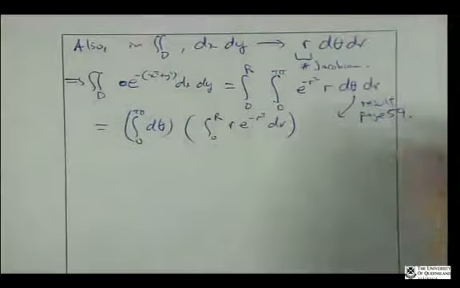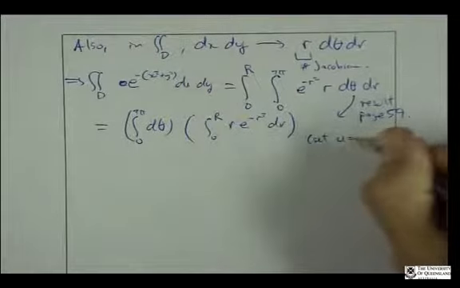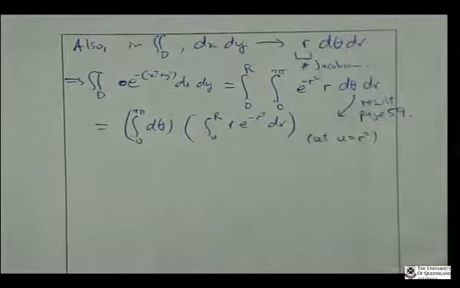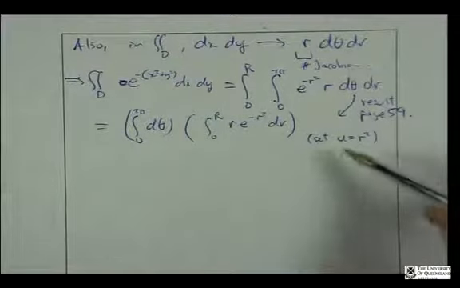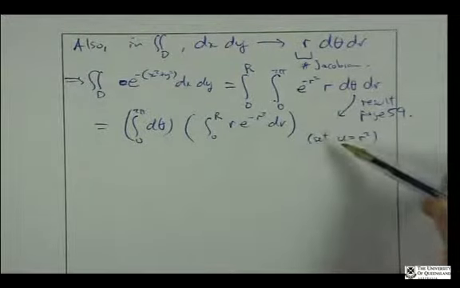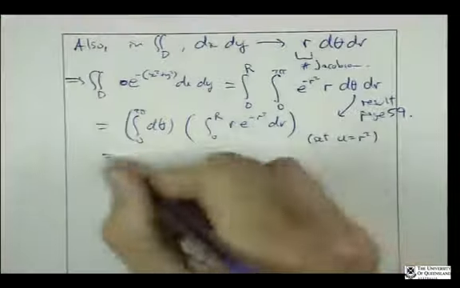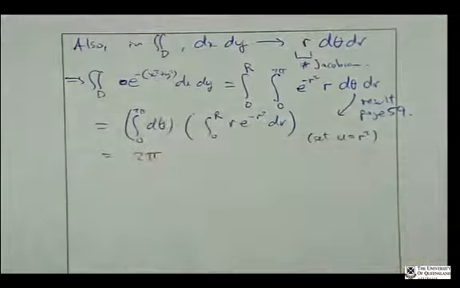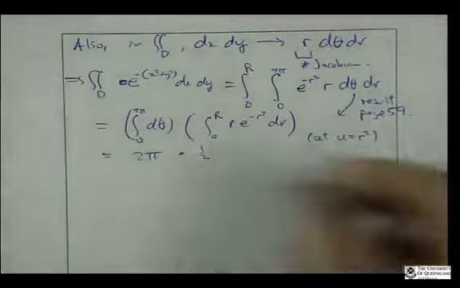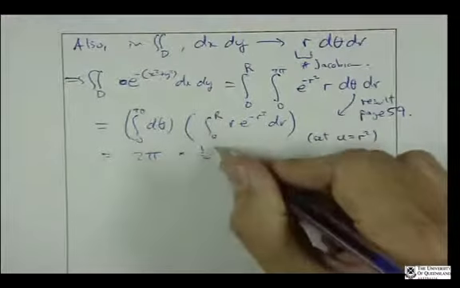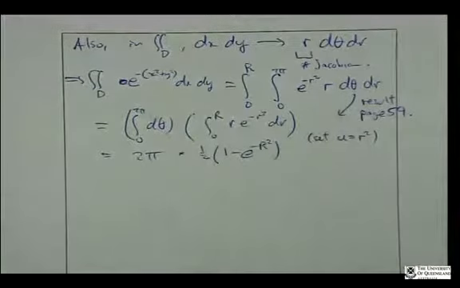In this case, there's a simple variable transformation. If you set u equal to r squared, you can sort out that second integral. So this one just evaluates to 2 pi, and this should evaluate to a half times 1 minus e to the negative R squared.